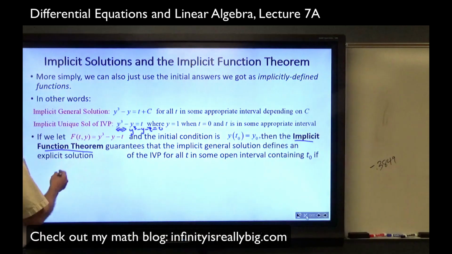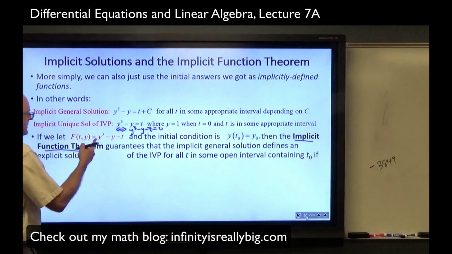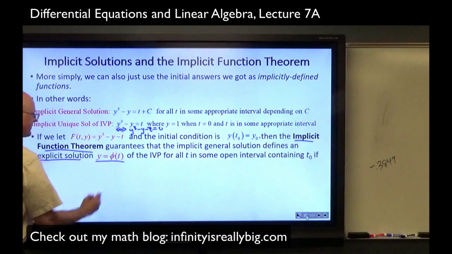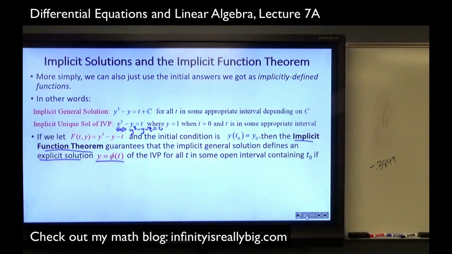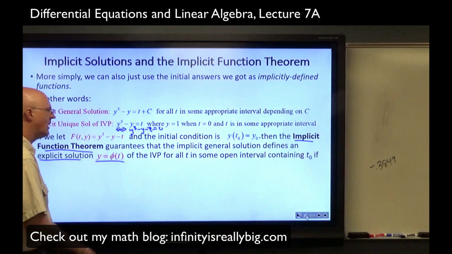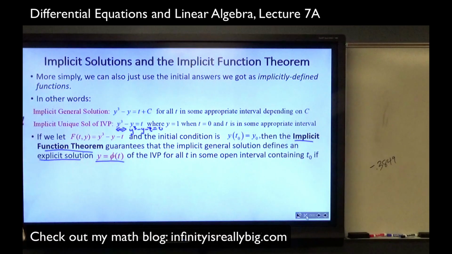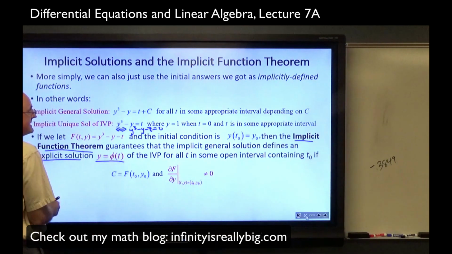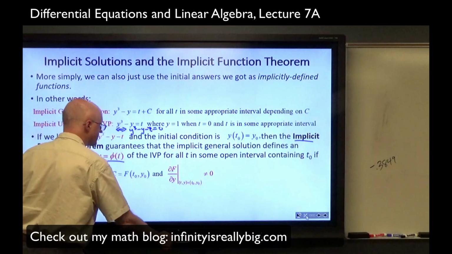It guarantees that this implicit general solution and also the implicit unique solution defines an explicit solution, y equals phi of t, call it, for the initial value problem for all t in some open interval containing t0, if two conditions are met. If when you plug the initial values of t and y into capital F, you get whatever c is.